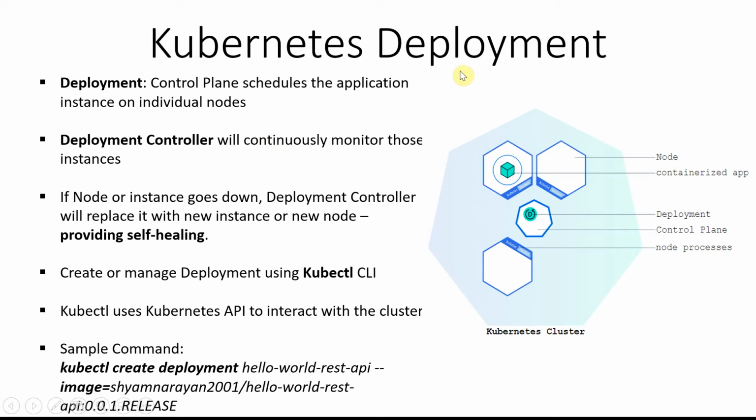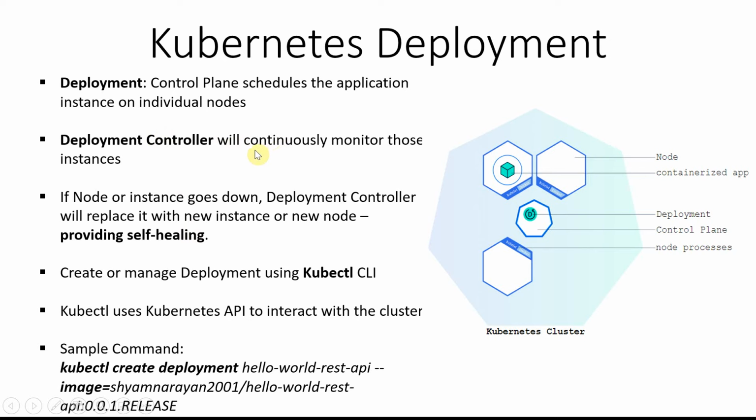Basically, you give the deployment instruction to the master, and the master will create your pod, for example. Your pod is a deployment unit, deployed into your node, which is ultimately a containerized app. Behind the scenes, this deployment also uses something called a deployment controller.